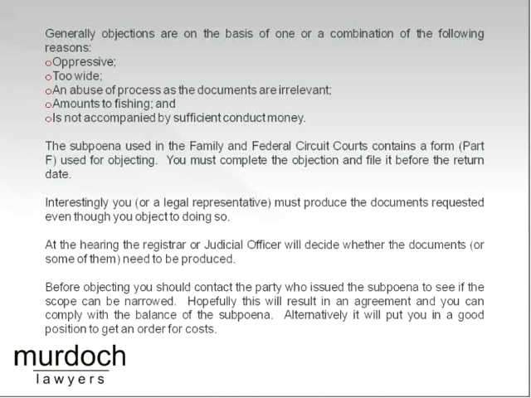But strangely, even though you're objecting, the rules actually require the documents to be produced at court by the due date so that the registrar or judicial officer can make a decision about whether or not the document can in fact be objected to.